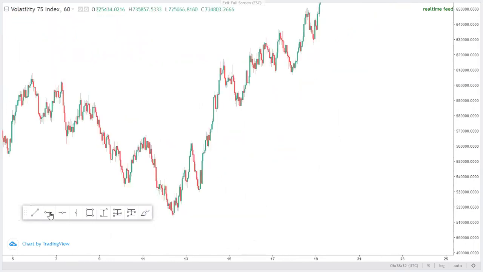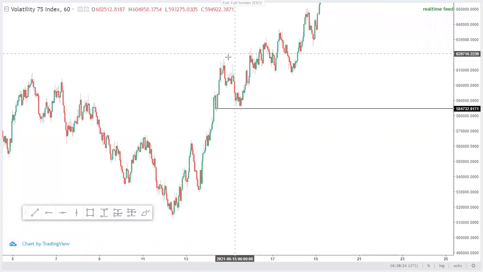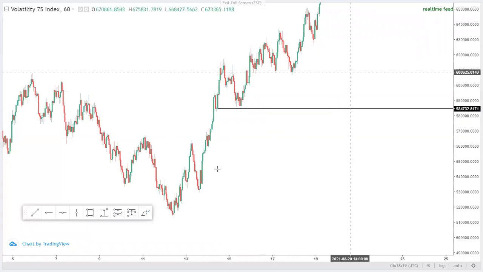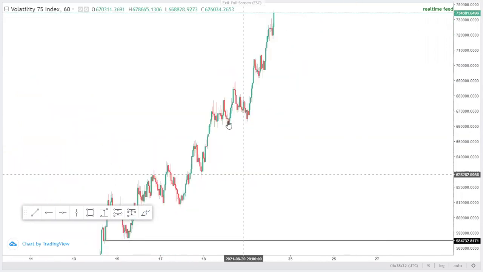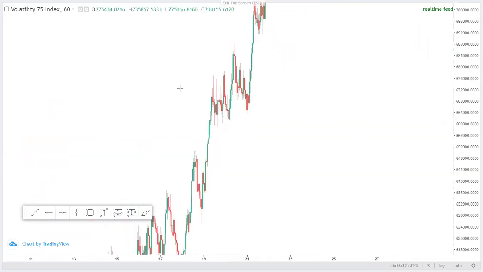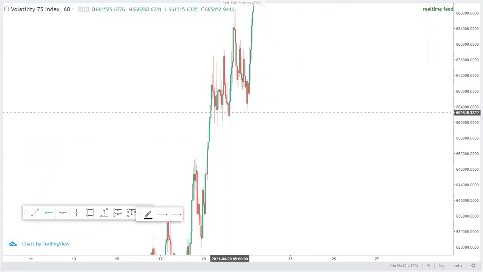We have a structure. It is right here. Price broke this structure going up. Then price came to retest this structure. Let's see if price tested this structure.